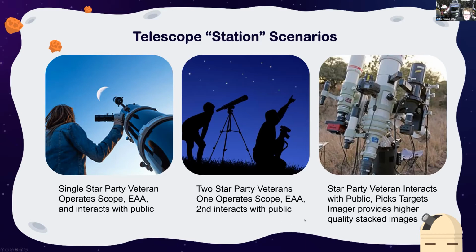And then, kind of a third idea, and of course, this is kind of an over-the-top picture here, but I'm not sure what this DSLR is doing, but another idea is like we did in the virtual star parties, just go ahead and have a full-on imager there with their rig, and so you get higher resolution, better looking results, but you still have the visual observer working with the public, and telling the imager what targets they want to see and whatnot.